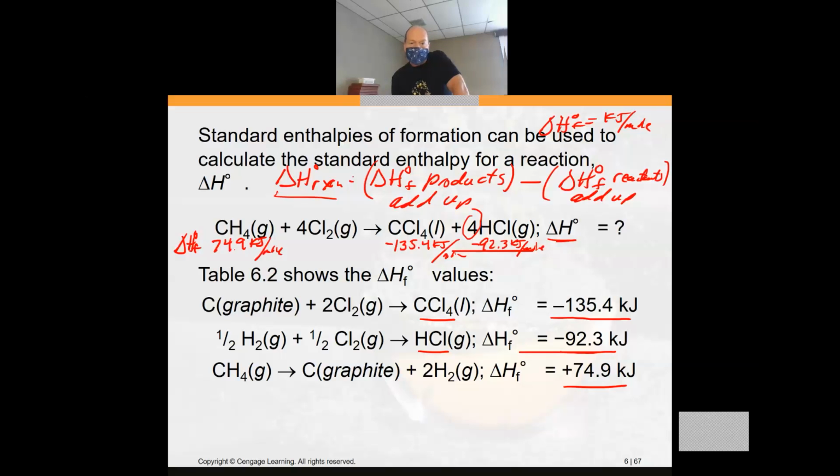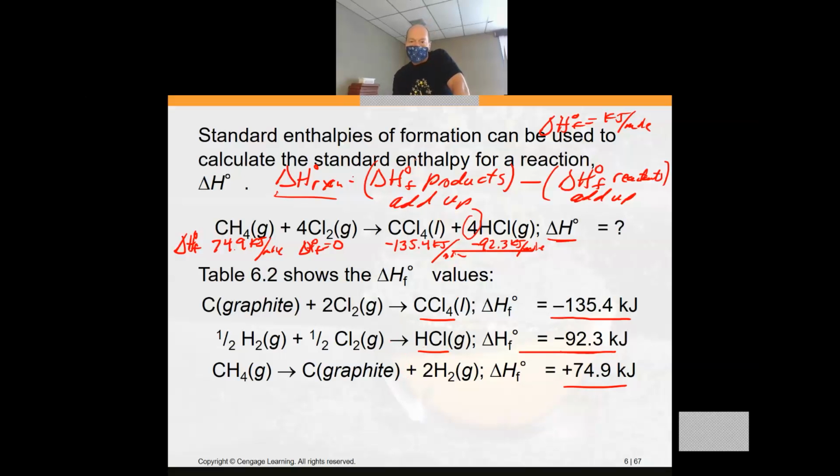And then Cl2 is not listed because that is an element in its natural state. Any element in its natural state has a delta H naught formation of 0. It doesn't take any energy to form that, or it doesn't release any energy to form that. It is already existing in nature. It has a formation energy of 0.